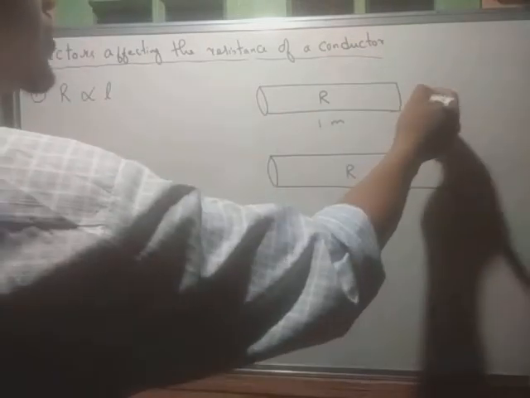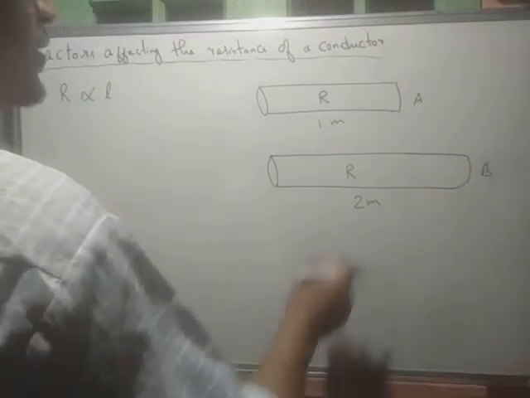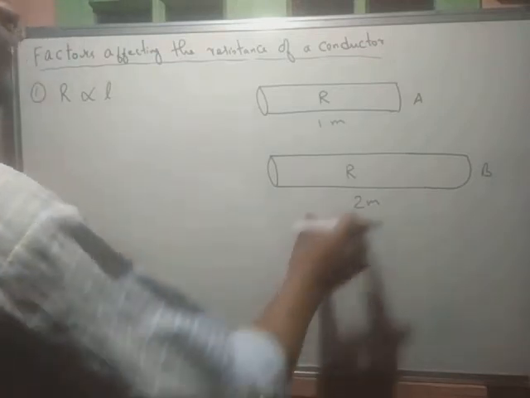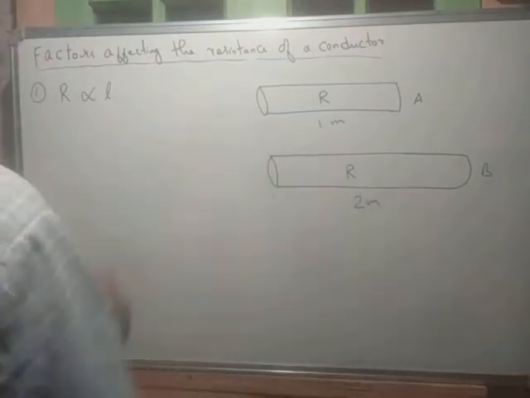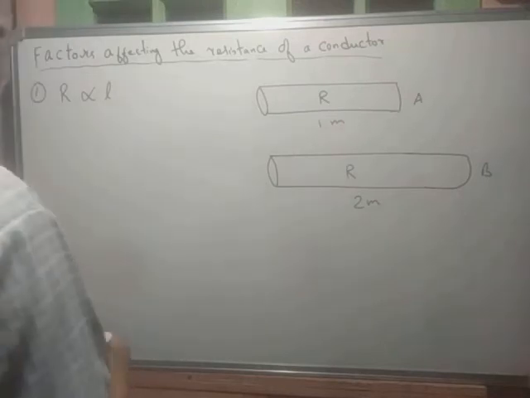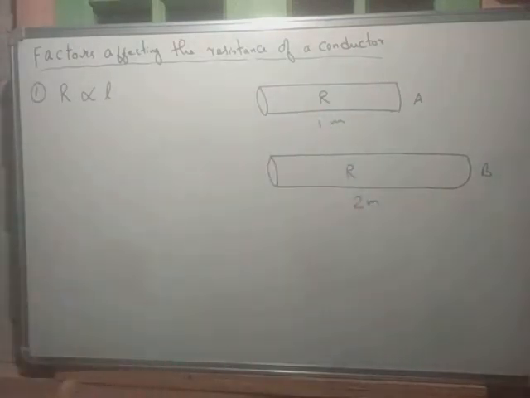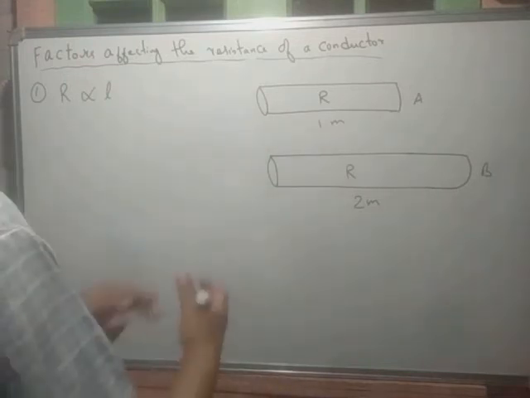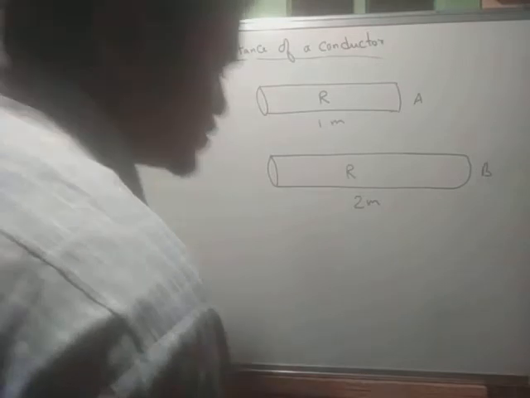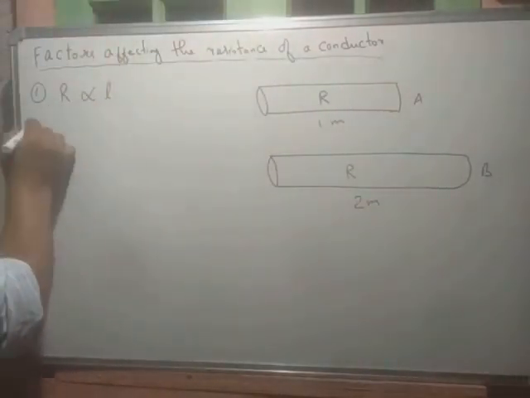Now out of these two conductors A and B, because we see that conductor B has got more length, the resistance of conductor B will be more than the resistance of conductor A. Alright, so smaller the length, smaller will be the resistance, larger the length, larger will be the resistance of a conductor. So that is the meaning of this factor.